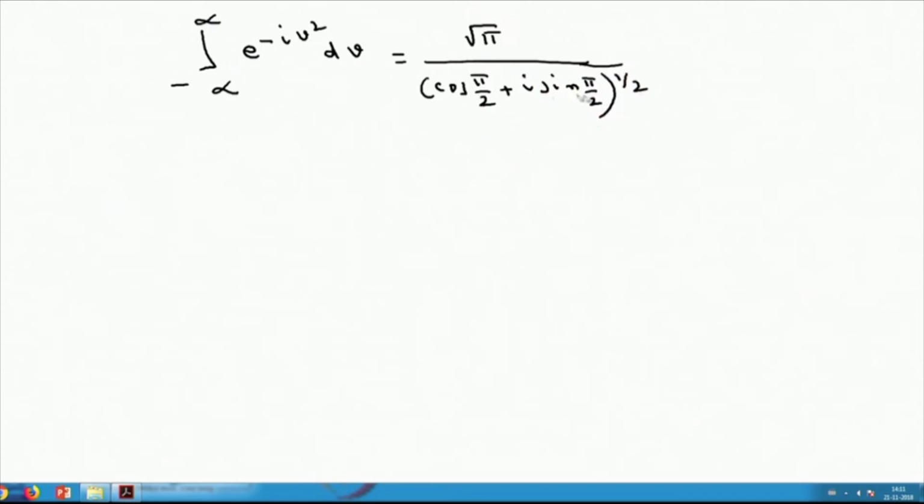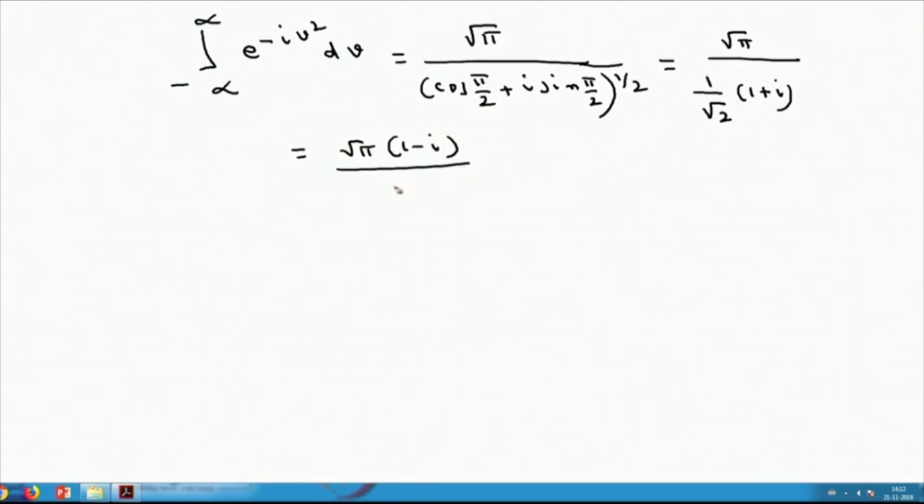I can write it like this, and once I am writing this, this equals root pi by 1 by root 2 into 1 plus I, and if you simplify, this will be root pi into 1 minus I by 2 by root 2. So this will become root pi by 2 into 1 minus I.